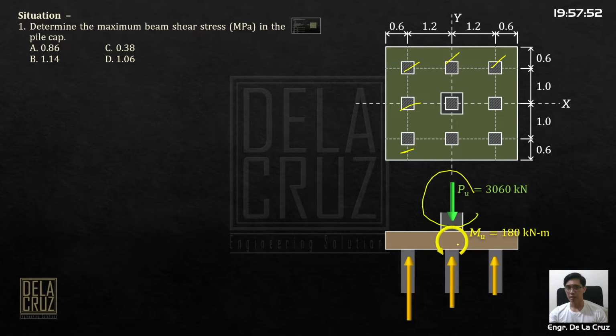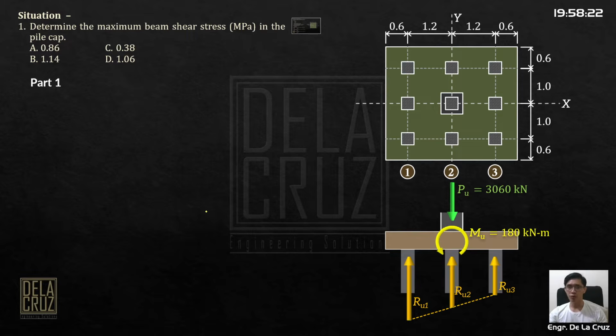Hindi ito maaapektuhan ni moment. So basically, magiging linear yan. Tawag ko siyang line 1, line 2, and line 3. So I can call this one as RU1, RU2, and RU3. Each of these are RU1, each of these are RU2, and each of these are RU3.